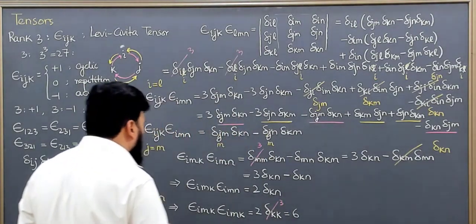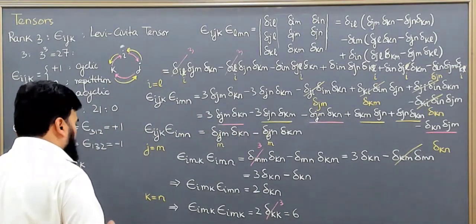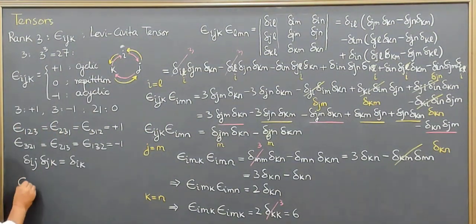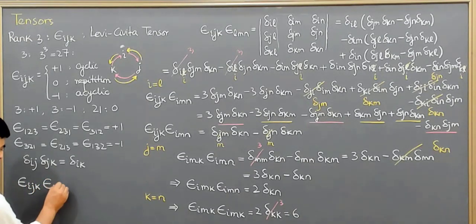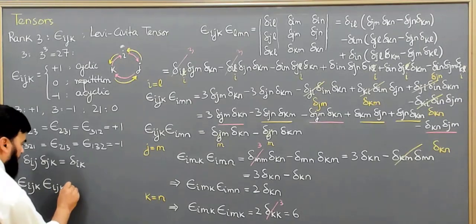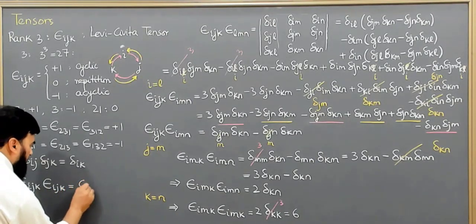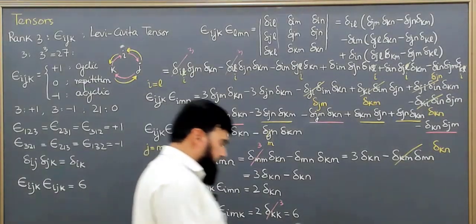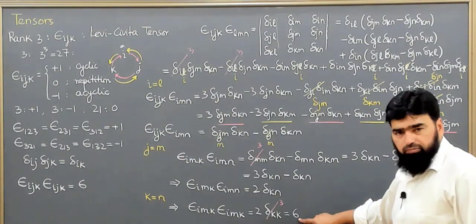It means that when 3 indices are the same, like we are having epsilon ijk multiplied with epsilon ijk, this thing is equal to 6. Two Levi-Civita tensors multiplied with the same indices give us 6.